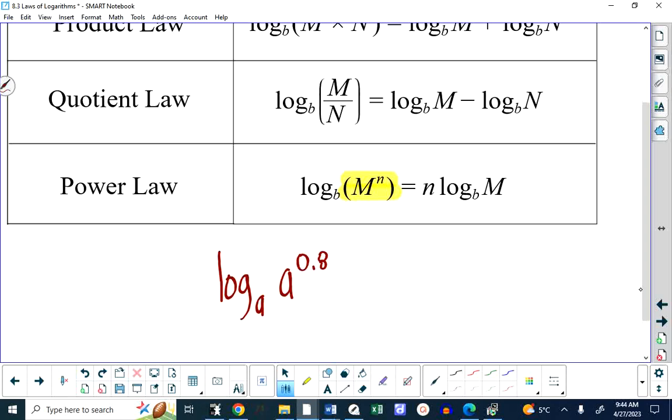But I would like you to get in the habit of putting that set of brackets. If it's a single thing for an argument, if it's log base 2 of 16, there's no need to put brackets around that argument. But if the argument, which is the thing you're taking the logarithm of, is a base raised to an exponent, I think it's a good idea to put those brackets there. Okay?